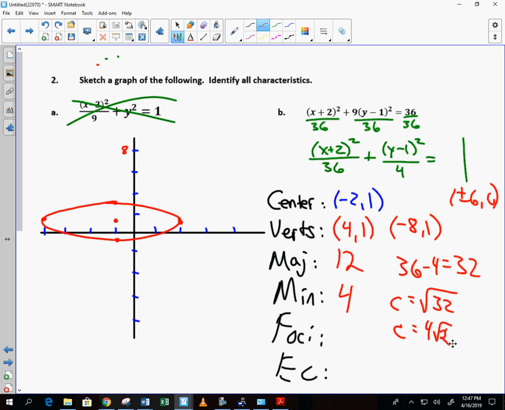Well, I did the 4 roots of 2 on my calculator, and it came out with about 5.6. So what I'm going to do is move 5.6 units horizontally. So 2, 4, 5.5. And it's almost all the way out to the edge here.